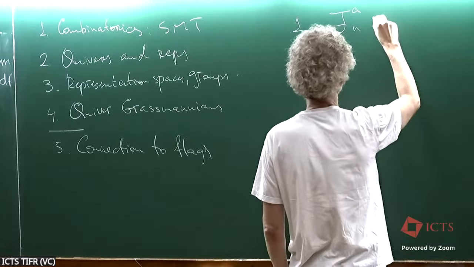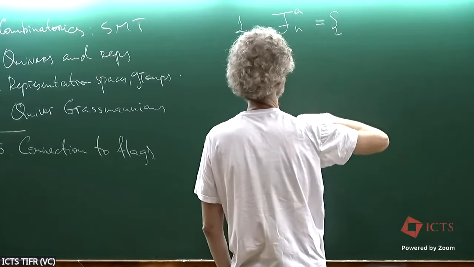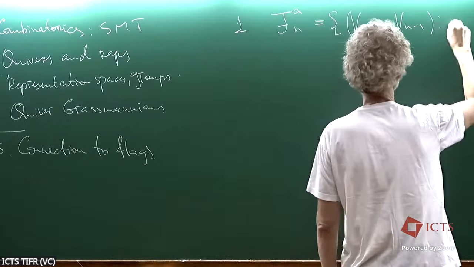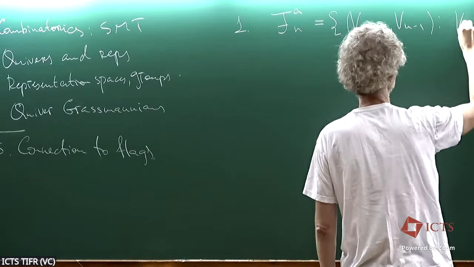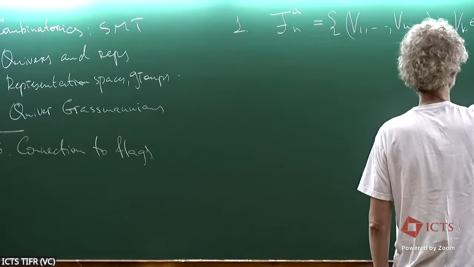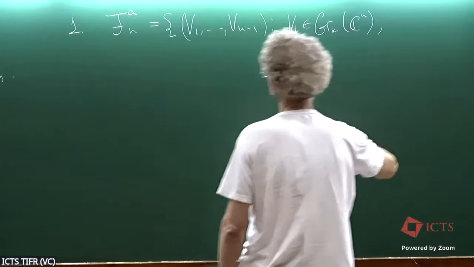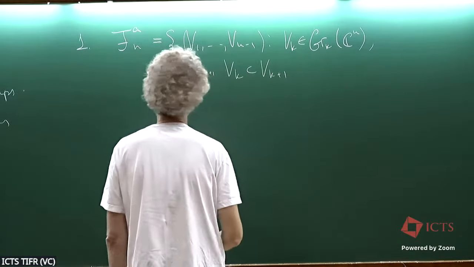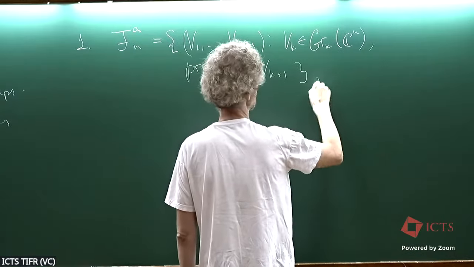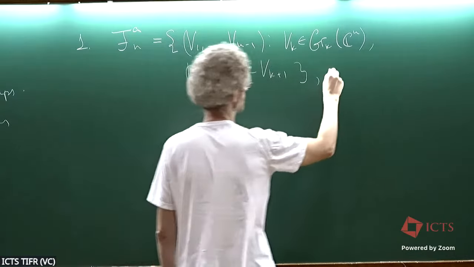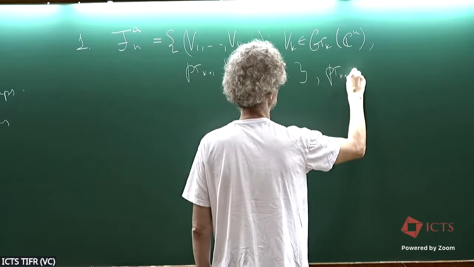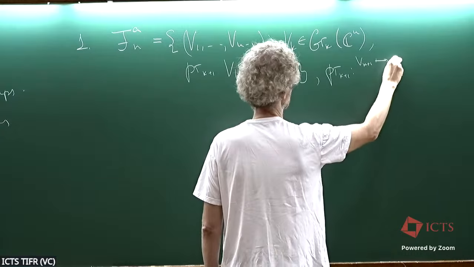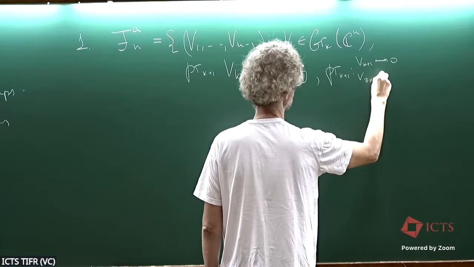And so we've seen that this is the collection of spaces V1 up to Vn minus 1, such that Vk is an element in Grassmannian K of Cn, and we have certain maps, projections from Vk+1 onto Vk, with these maps being just projections.